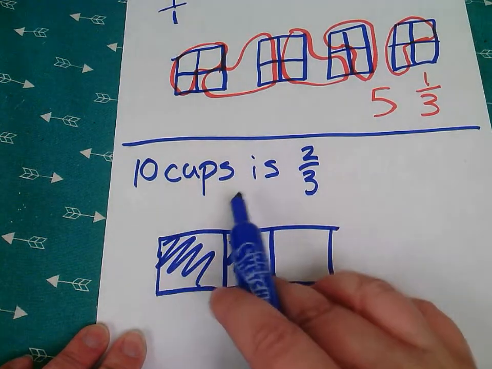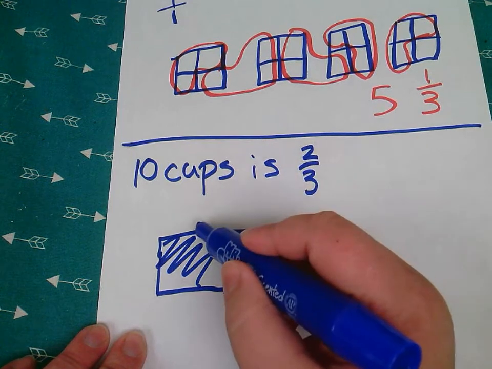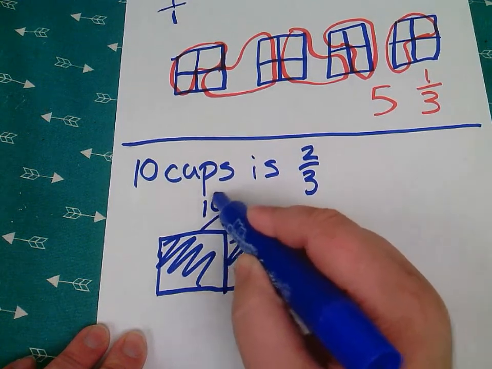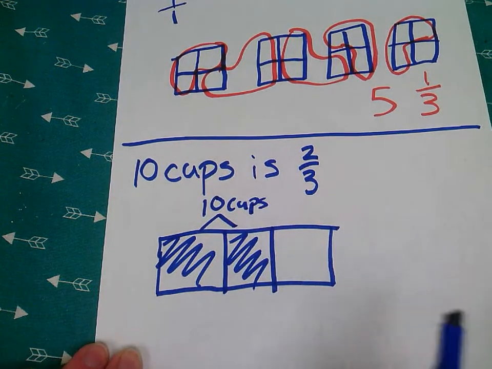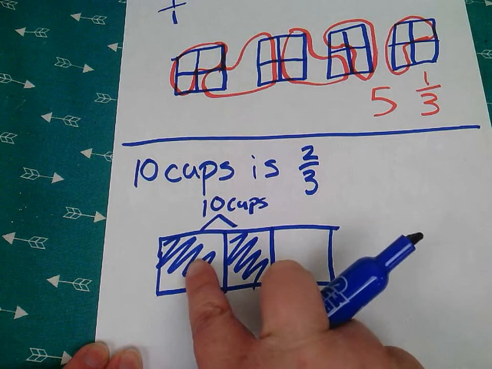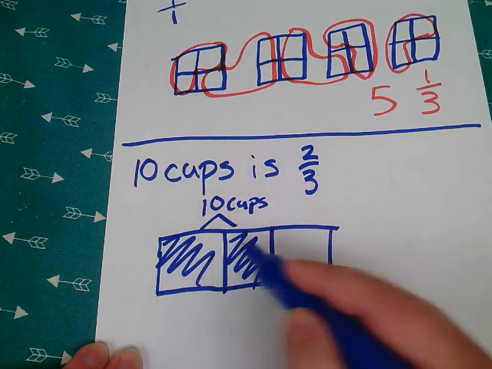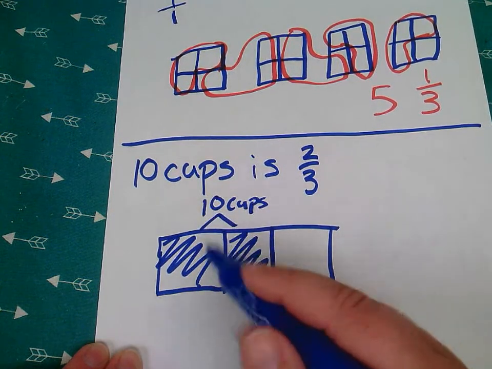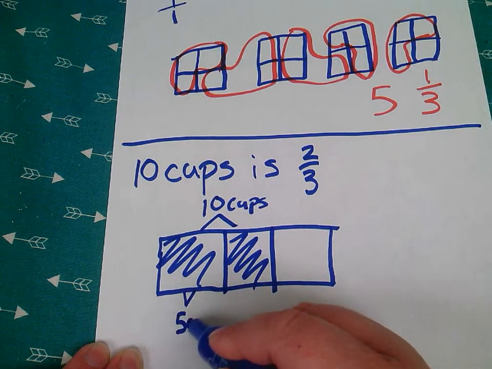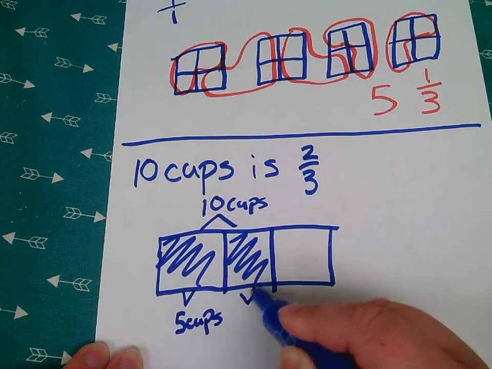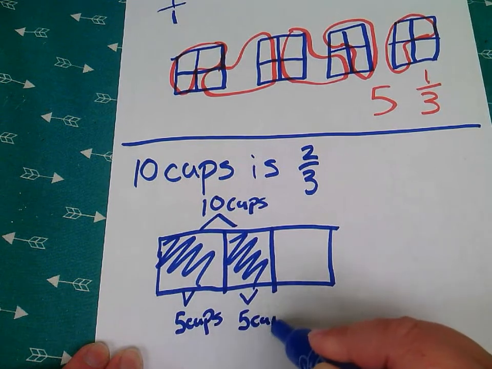Well, I know 10 cups is 2/3. I know that this together is 10 cups. Well, then I'd have to figure out how much is just 1 part. Well, if 2 of them is 10, 10 divided by 2 is 5. So I would know that this would be 5 cups, and this would be 5 cups.